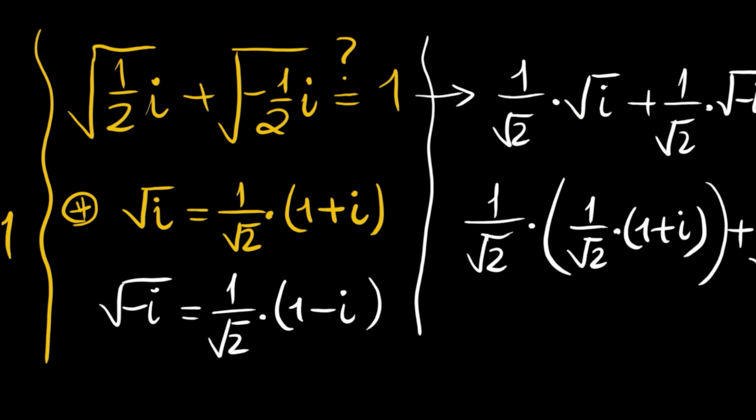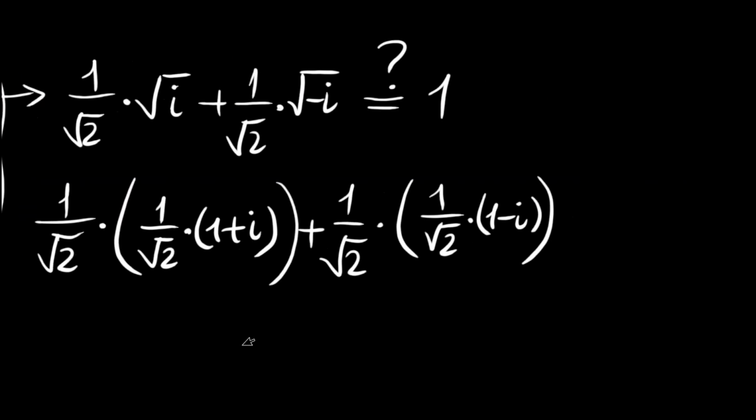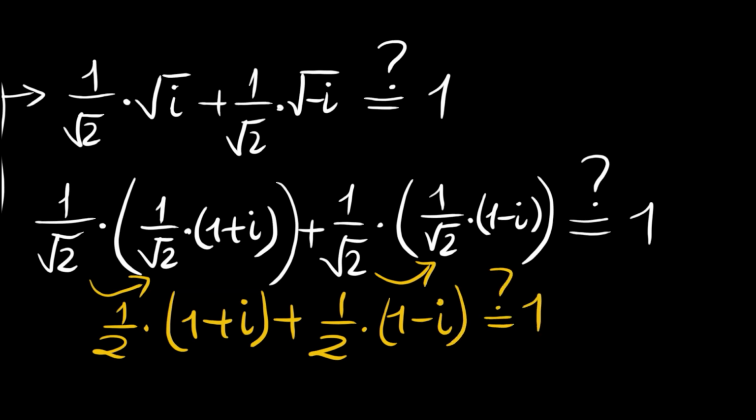You can check these by yourself, and we want to show this is equal to 1. Distributing these two, we will have 1/2 times 1 plus i plus, again distributing, 1/2 times 1 minus i, and we want to show this is equal to 1.